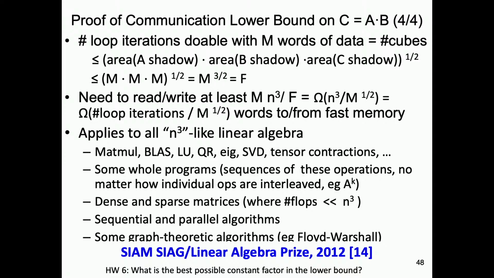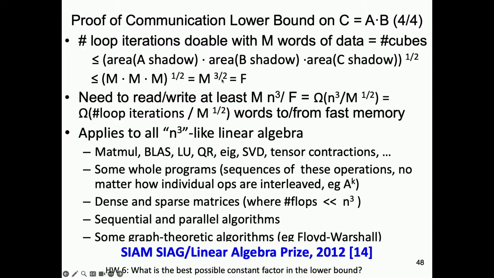Are we trying to upper bound f? Yes, I want an upper bound on f. What's the most work I can possibly do? So I'm going to use that the number of loop iterations is upper bounded by f, which in this case is M to the 3/2.